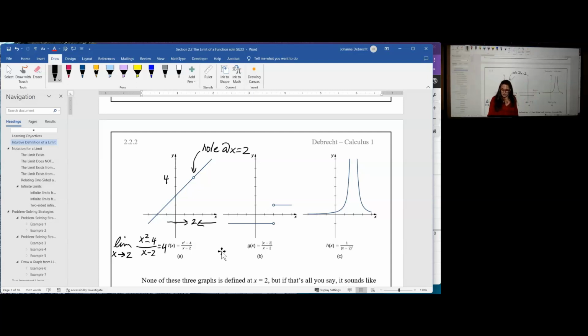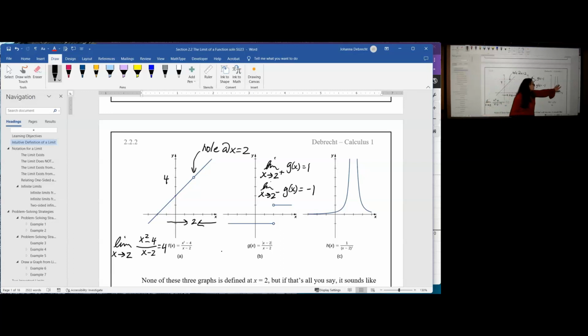In this graph, we could now write the limit as x approaches 2 from the right of g of x equals 1, and the limit as x approaches 2 from the left of g of x equals -1. These values are not the same, so the two-sided limit does not exist.